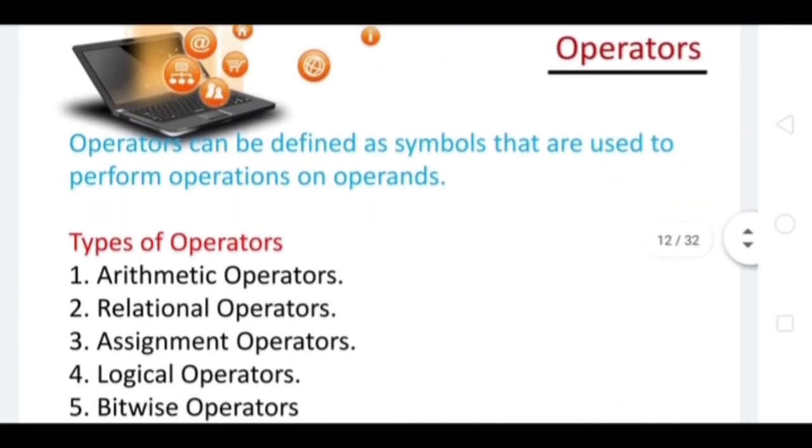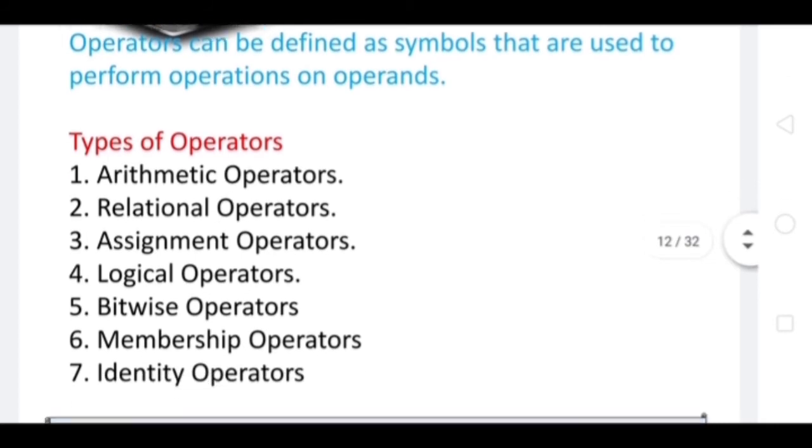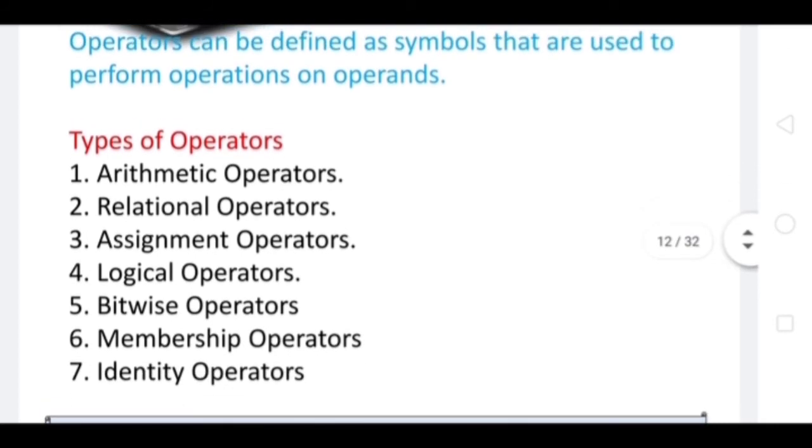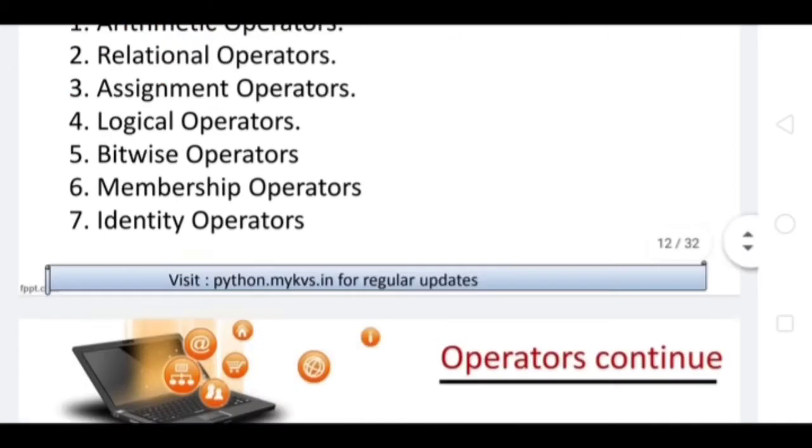Then we have operators. Operators can be defined as symbols that are used to perform certain specific operations. That means they are intended to do some proper calculations. The types of operators which we are going to learn in Python are arithmetic operators, relational operators, assignment operators, logical operators, bitwise operators, membership operators and identity operators.